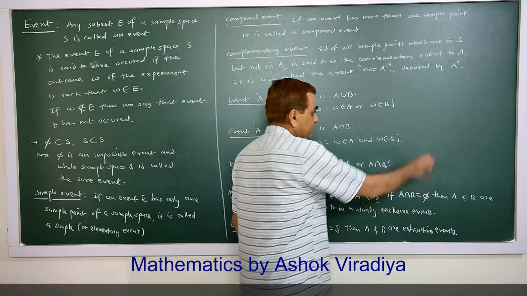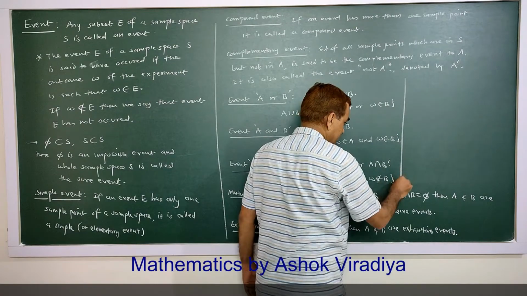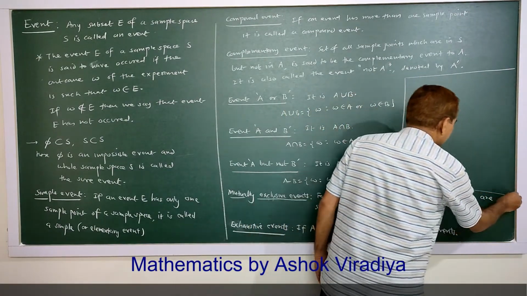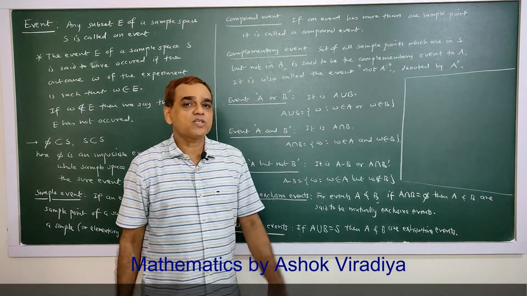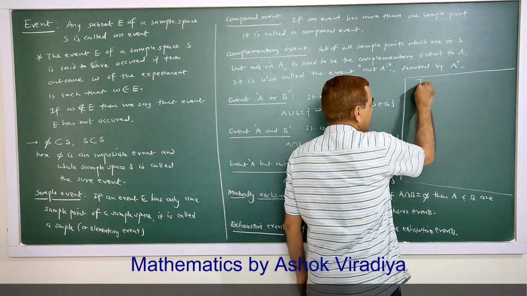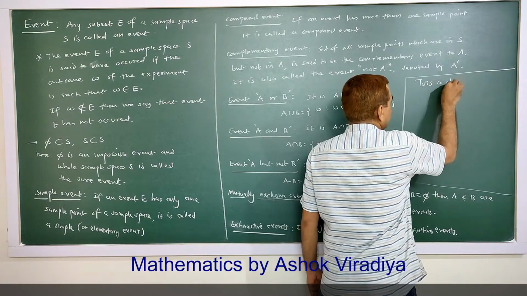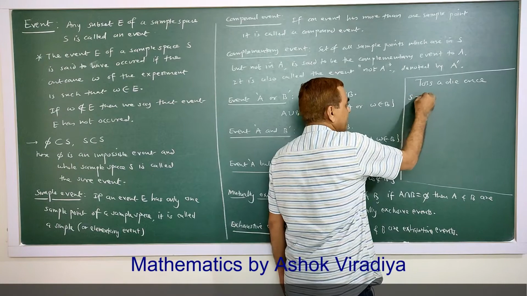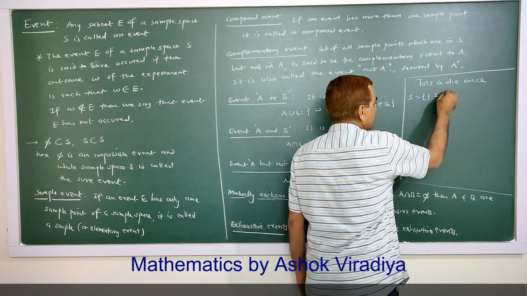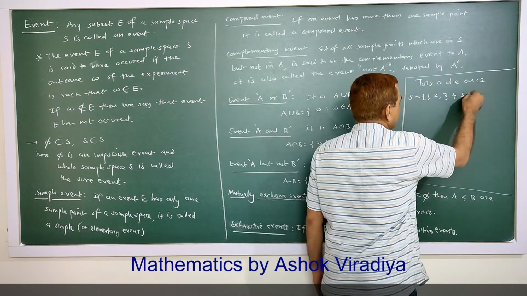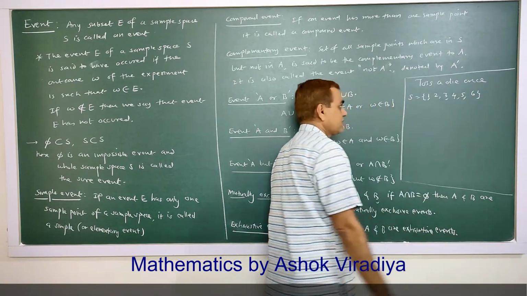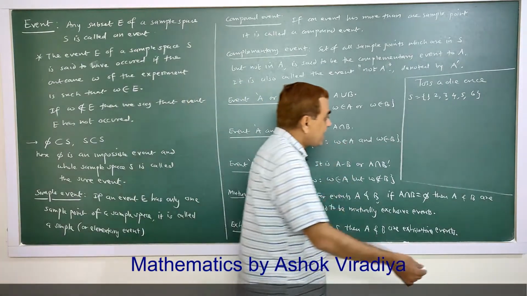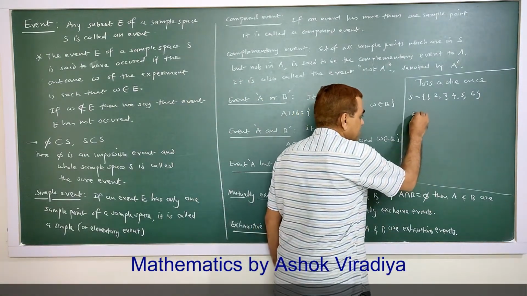As an example, suppose I am explaining an example. Toss a die once. The sample space associated with this experiment is the set of these 6 outcomes. This is the sample space. Now here I put its subsets.